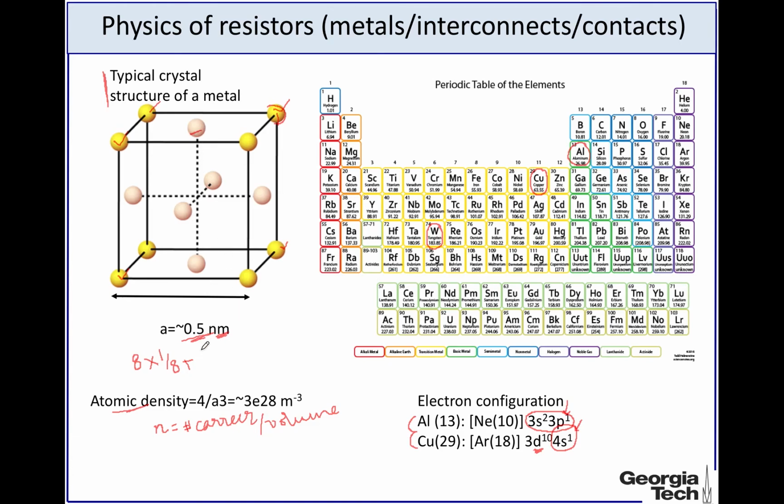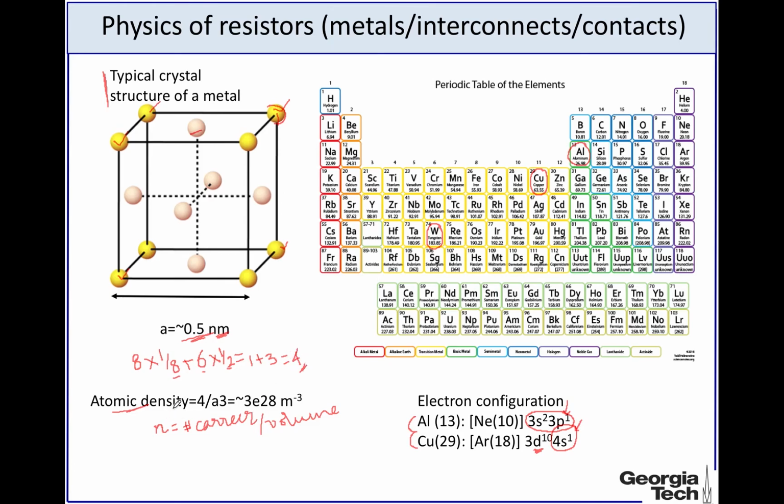So you have 6 atoms sitting at 6 faces, and for each of those, half of it is inside the cube. So you get a total of 8 multiplied by 1/8 plus 6 multiplied by half. So you get 1 plus 3. So inside each unit cell there are around 4 atoms.